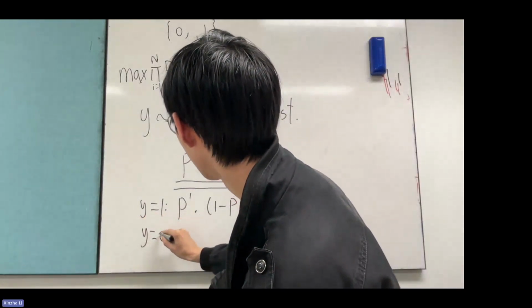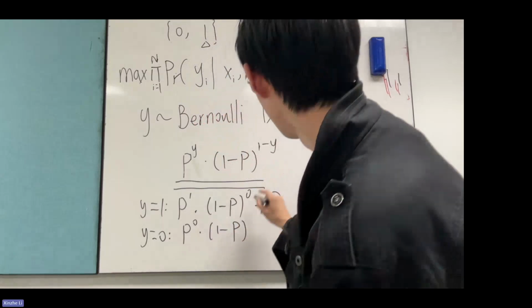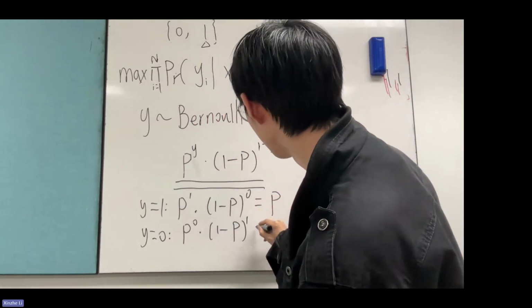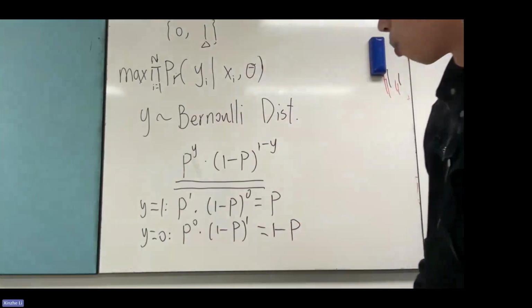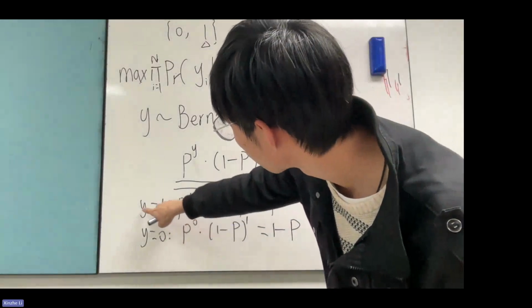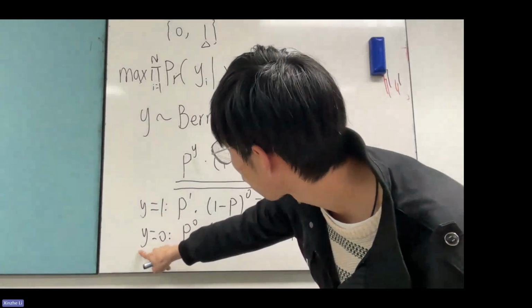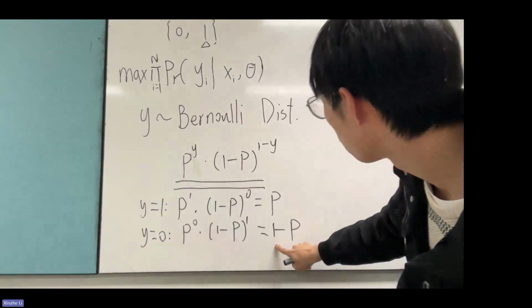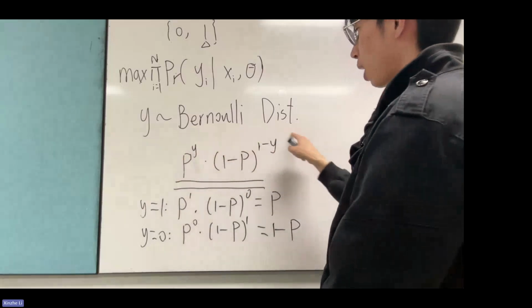When y equal to 0, it would be p to the 0 times 1 minus p to the 1. Here is 1, here is 1 minus p, so it's equal to 1 minus p. Makes sense, right? We only have two outcomes. If the probability of y equal to 1 is p, the probability of y equal to 0 should be 1 minus p. So this distribution makes sense, right?